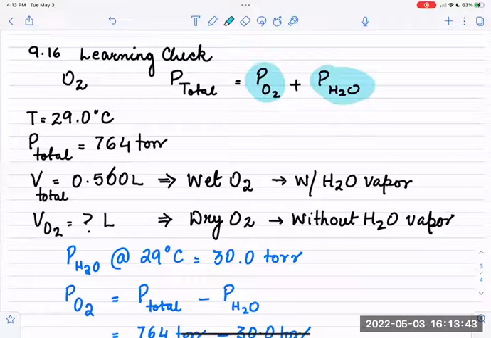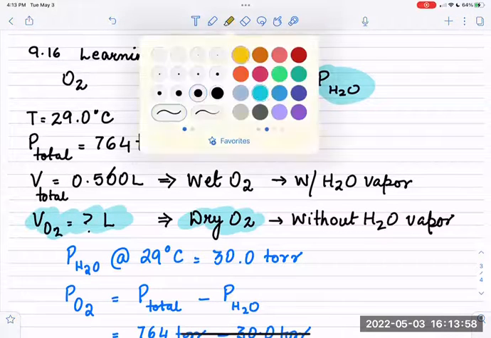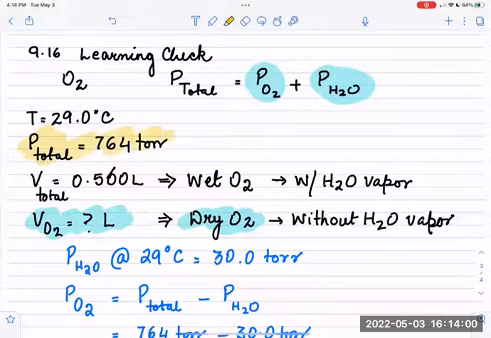So oxygen is collected by the downward displacement of water, and we are trying to find the volume of the dry oxygen. We are given the total volume and the total pressure, but we need to find the volume of the dry one, that's without the water vapor.